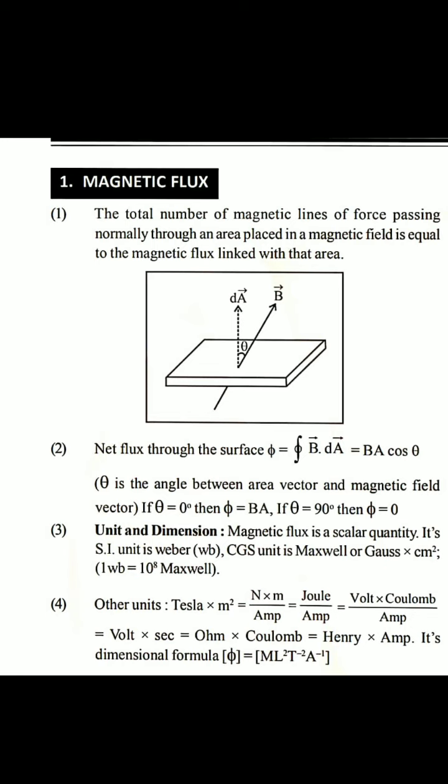B and A are vectors. So B dot dA means BA cos theta. Clear? Okay.